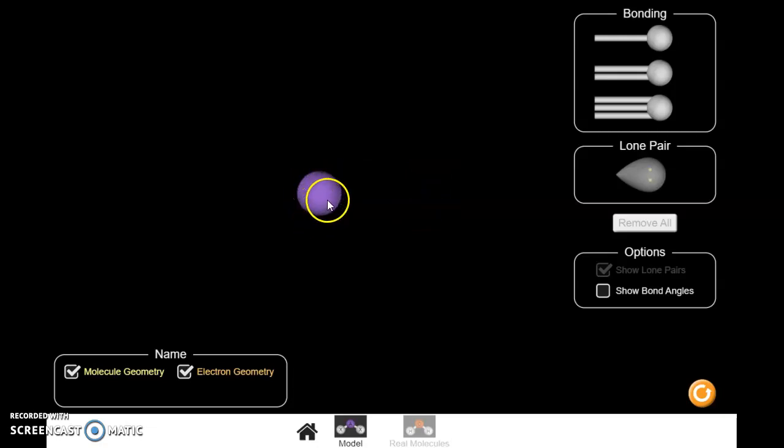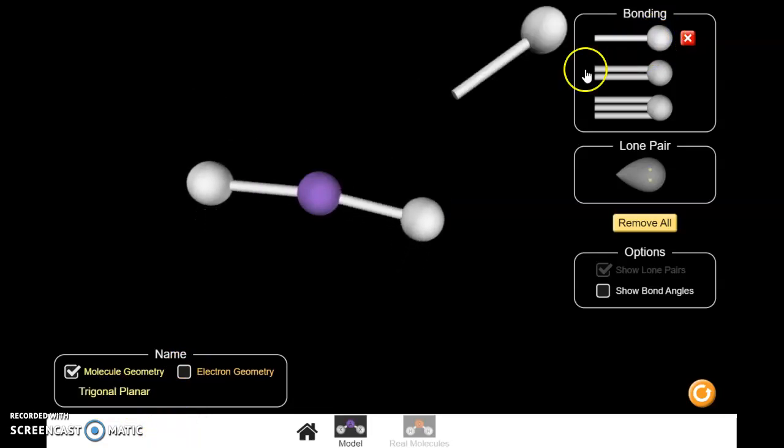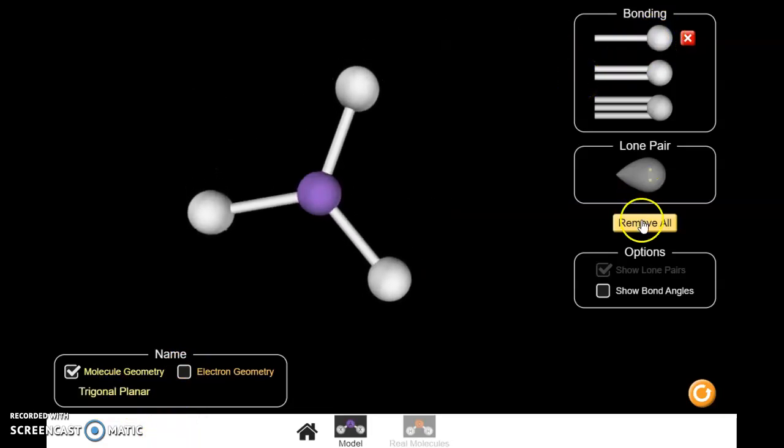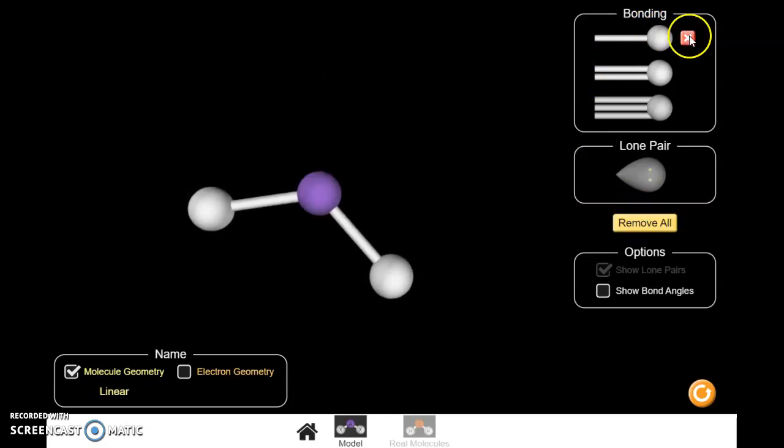You have a central atom here, and you can drag and drop in elements. You can check off what you'd like to see. They have the molecular geometry, which is the one we want, and the electron pair geometry. If it gets too confusing, just check this off. And then you can drag and drop more elements, and let's remove one of those.